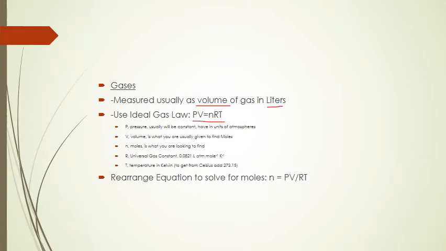We use the ideal gas law, and then you can solve for n if you're going into the recipe table, and if you're going out of the recipe table, you can solve for V. You have to be given pressure and temperature, and those have to be constant. And of course, the universal gas constant, which for these units is 0.0821 liters atmospheres per mole Kelvin.